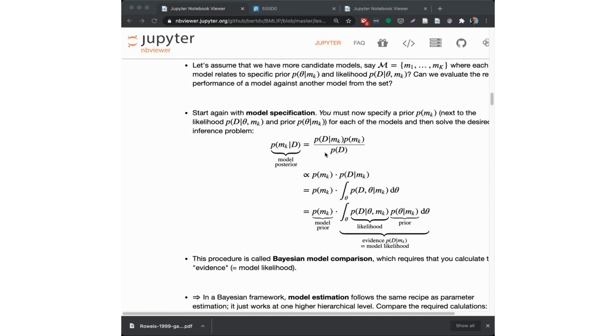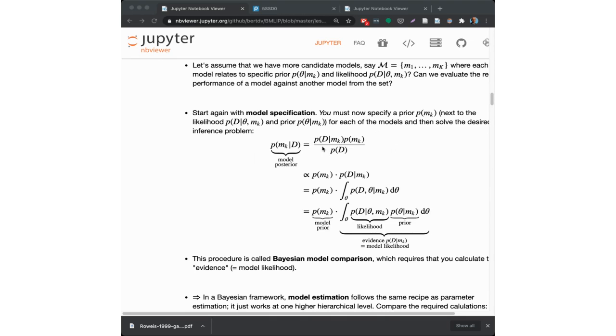Yeah, we need this value, P(D), because this will actually make sure that P(M_k | D) actually sums to 1. Because if I sum over M_k on both sides, note what happened to the denominator here: nothing, right?